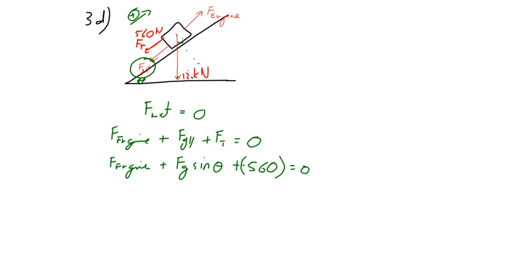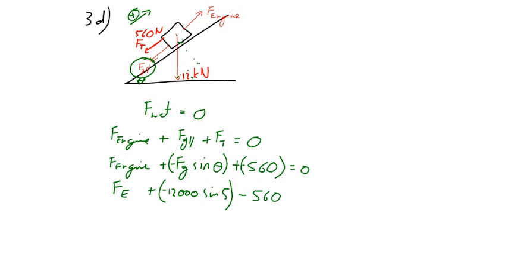Let's write in the values again. I'm just going to abbreviate this F_e for the engine, plus this is my 12,000 sine 5. Also, it's moving in the opposite direction, so in essence it is negative. Minus 560.